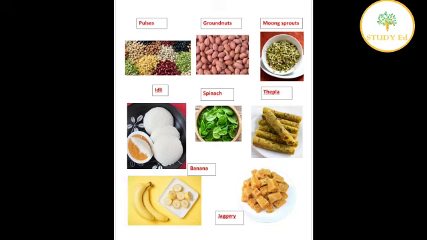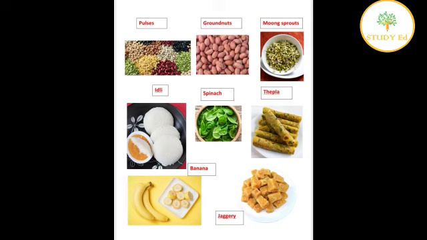If we include pulses, groundnuts, sprouts in our daily diet, we'll get a maximum amount of nutrients. And also if we include fermented foods like idlis, dosas, even that can give us a full quantity of nutrients. And we can also add spinach in our diet because spinach contains natural dietary fibers and a lot of water.